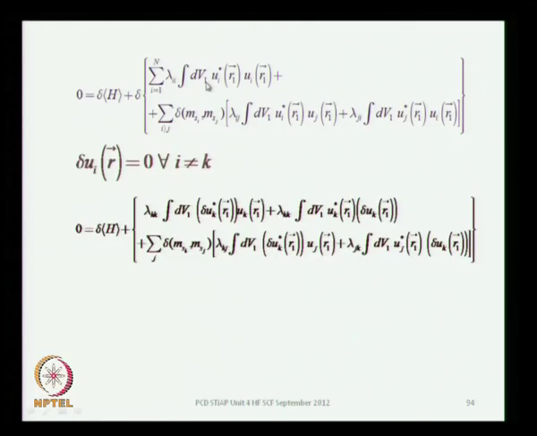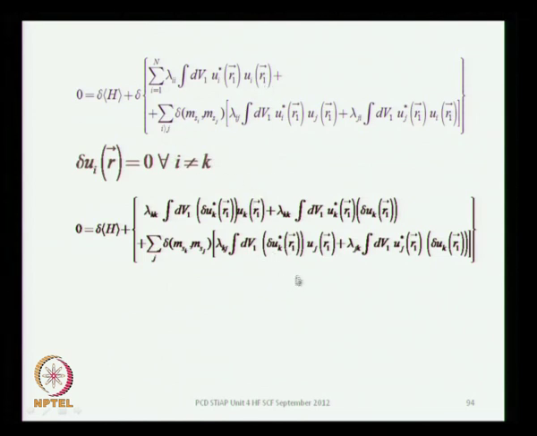So, this is coming from the variation of delta uk star r1, and this is coming from the variation in delta uk, which is the complex conjugate. So, there are two terms coming from here from the variation of this. This is the product of two functions, and you must seek variation in both.